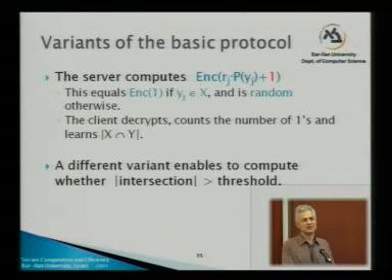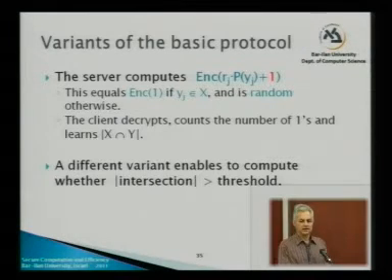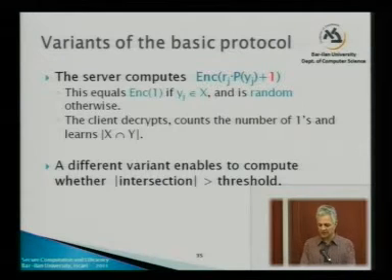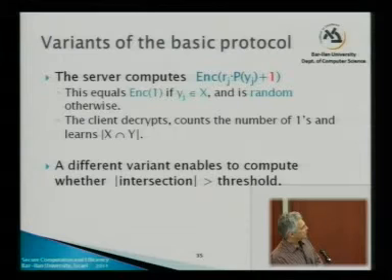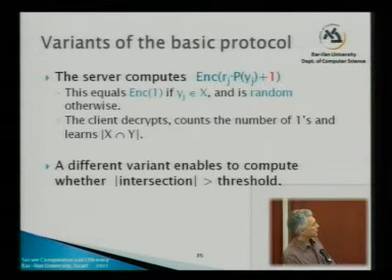We can change it a little bit. Suppose we just want to compute the size of the intersection rather than the exact items. Then instead of adding y here, you can add 1. So Alice would check the number of ones she receives. Actually, you don't have to add 1 here.